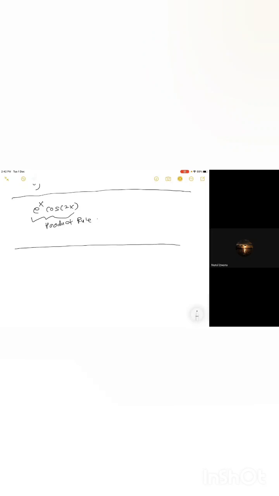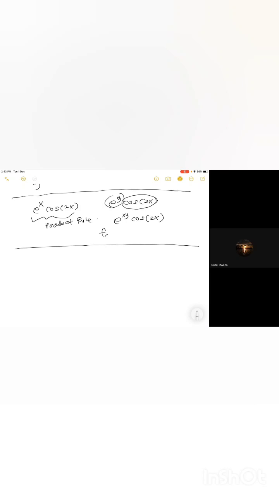A function of two variables consists of more than one variable, meaning you have x and y. If you had exponent y cos 2x, it still has no product rule, because this one is y only, and this one is x only. But say it is exponent xy cos 2x. Okay.